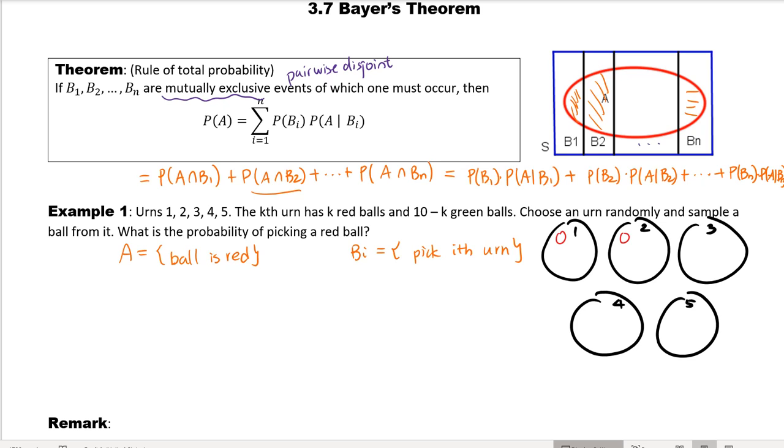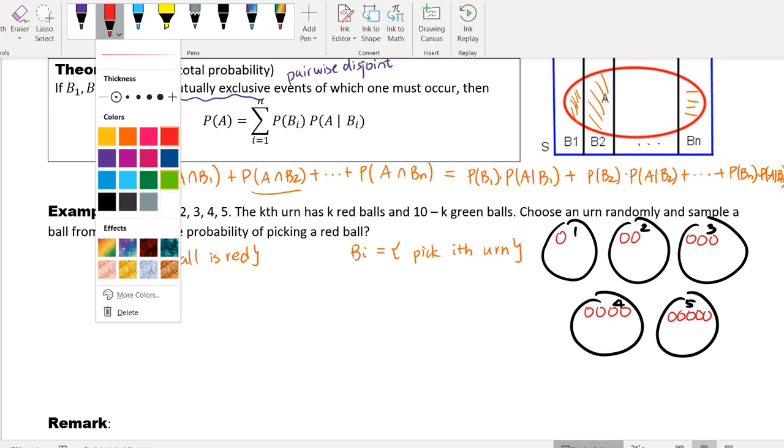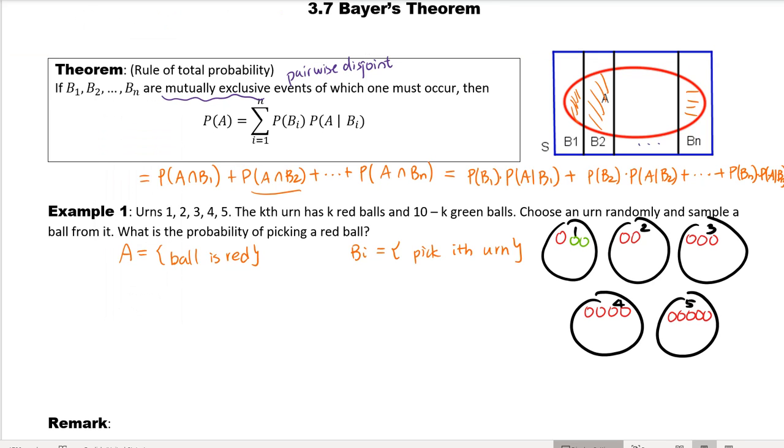The second urn has 2 red balls, and then 3, 4, 5 for the others. And the green balls: 9, 8, 7, 6, 5. So this is the picture.